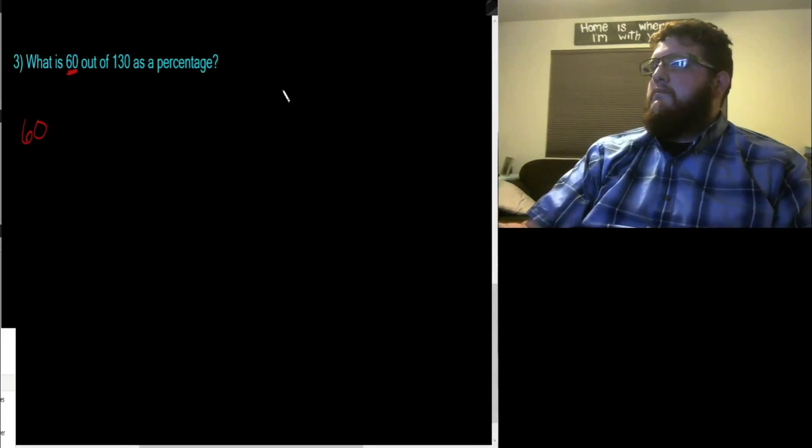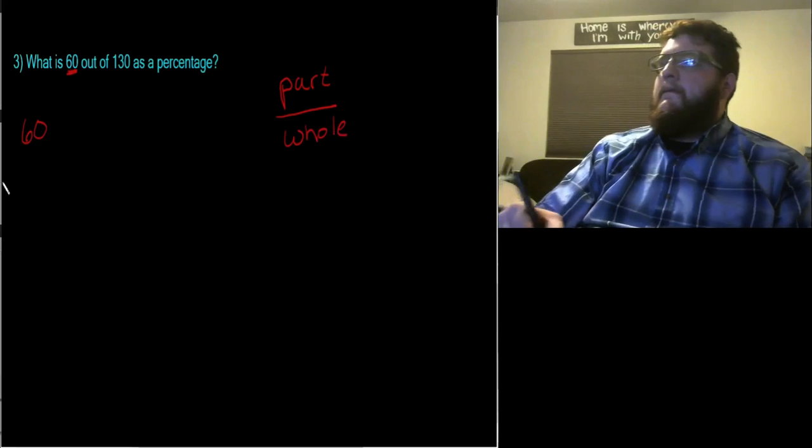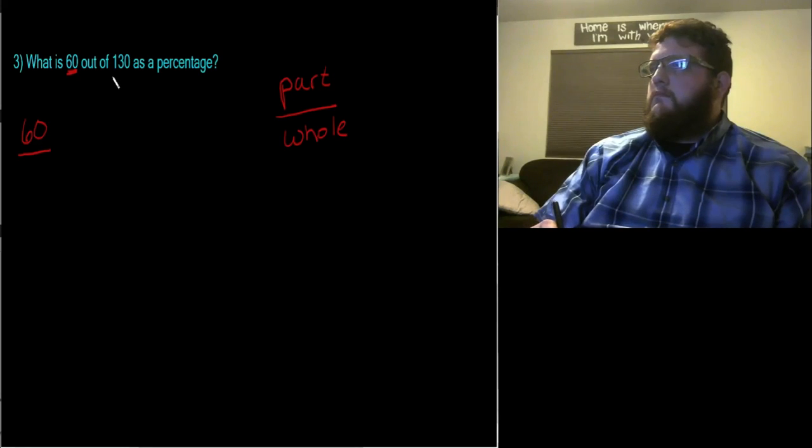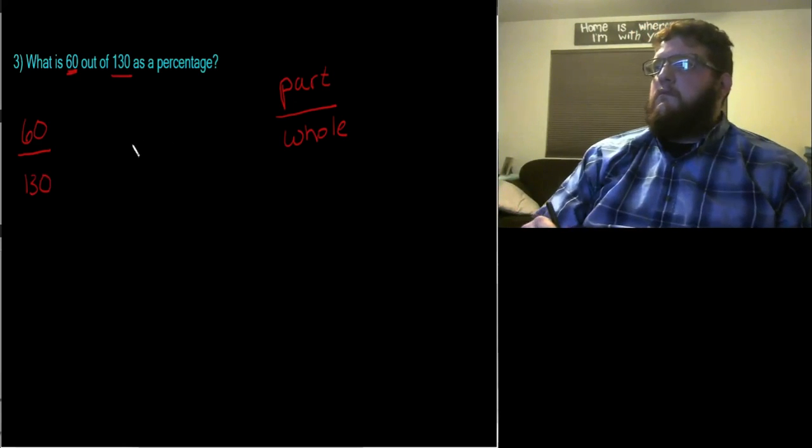We have the part and the whole, so we can take those and divide them in order to figure out our percentage. Now we can go ahead and divide these.